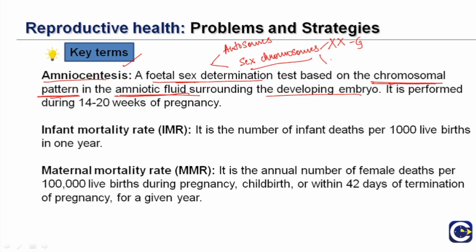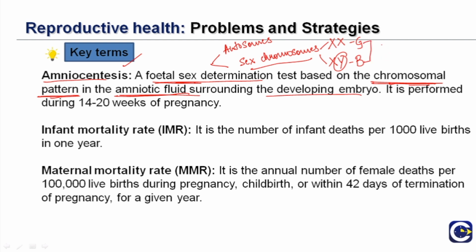And if the sex chromosomes are XY, the presence of Y makes it a baby boy. And therefore, by doing this chromosomal patterning, we can determine the sex of the baby even before the baby is born. In India, however, this test has been banned.